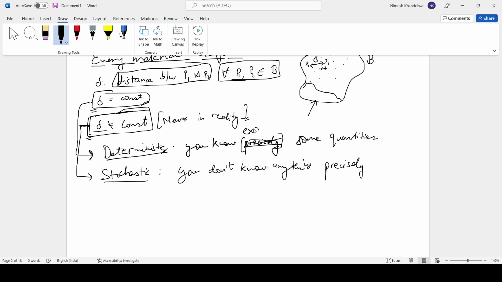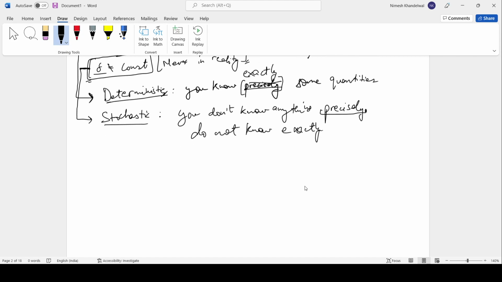For deterministic, you know exactly how some quantities will behave. But for stochastic, you know very accurately how some quantities will behave, but you do not know exactly, right?